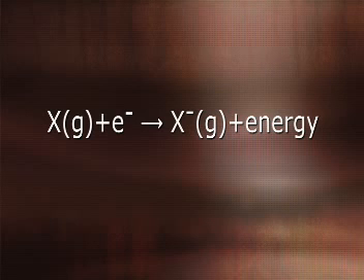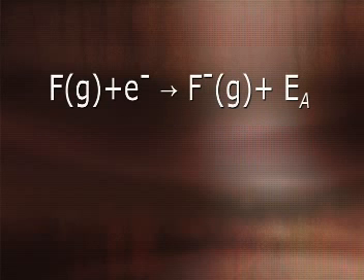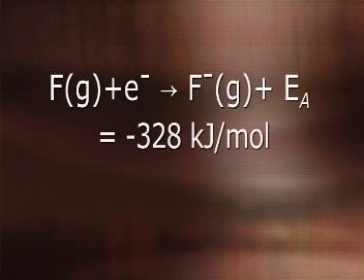Let us look at an example. When a fluorine atom gains an electron, 328 kilojoules per mole of energy is released. This produces a fluoride ion, and the electron affinity is minus 328 kilojoules per mole.